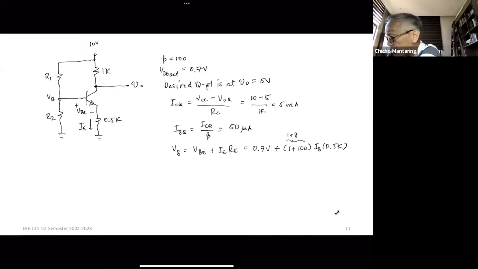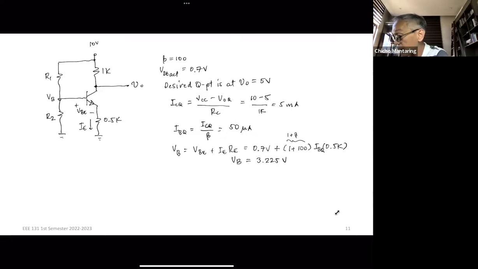Okay, I know IBQ. So I can compute for this, and if you do the computation, I already did that. This is going to be 3.225 volts.